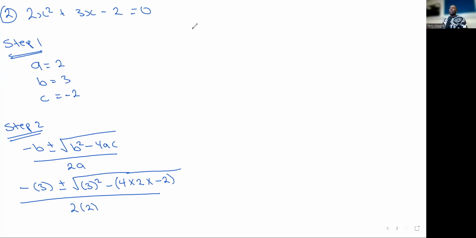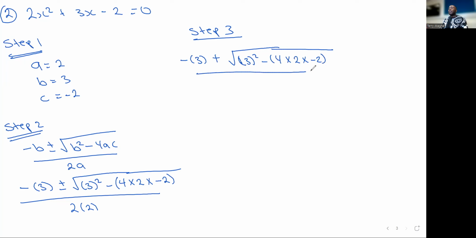2. So the next part is that we now do step 3. Now, step 3, we have to separate the plus and the minus, right? So it's going to give us minus 3 plus square root of 3 squared minus 4 times 2 times minus 2 divided by 2 times 2, or it could be minus 3.